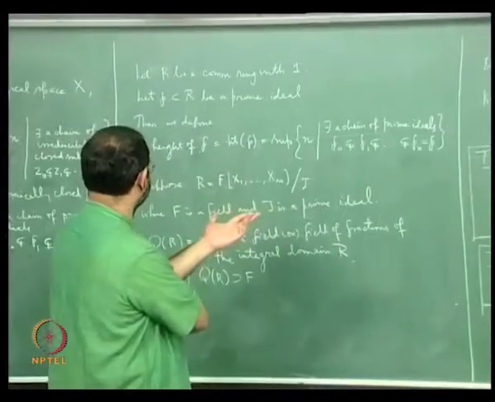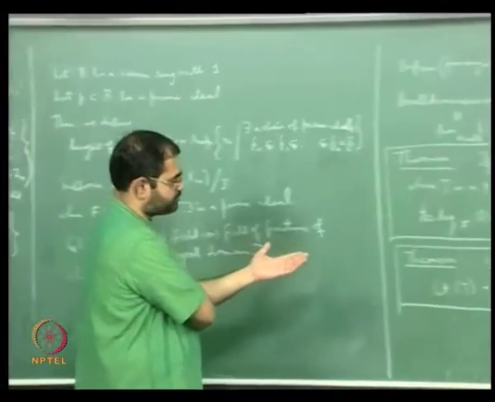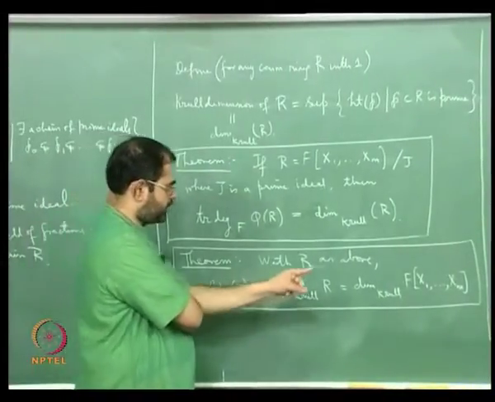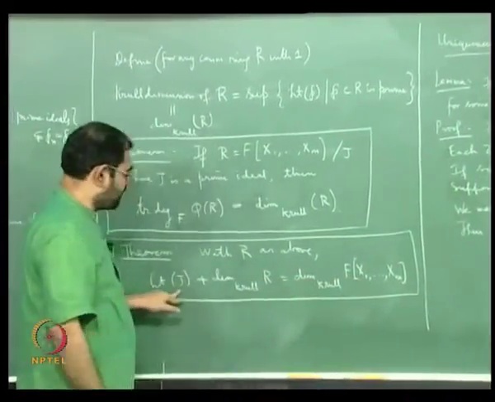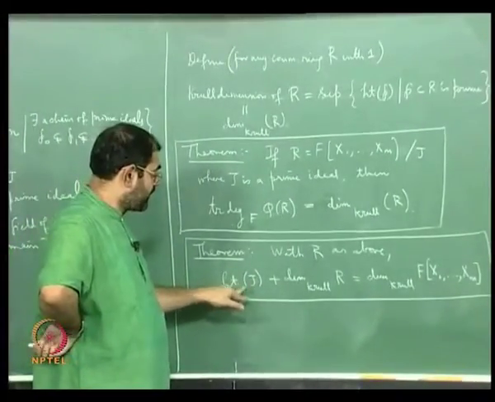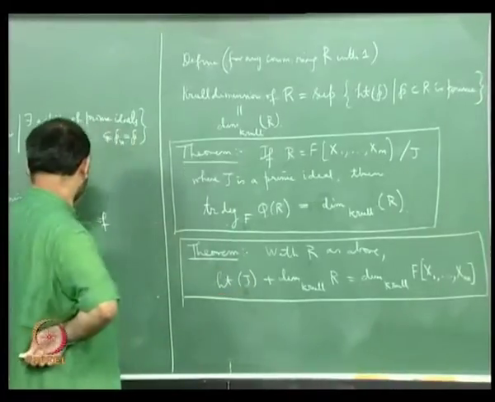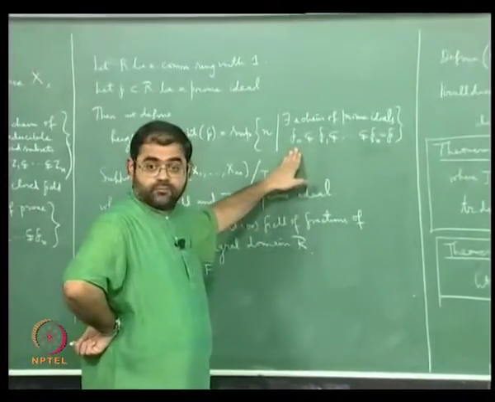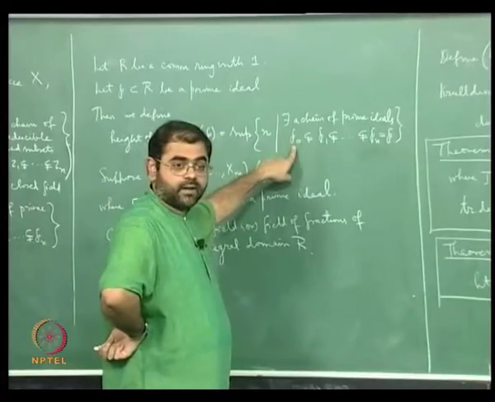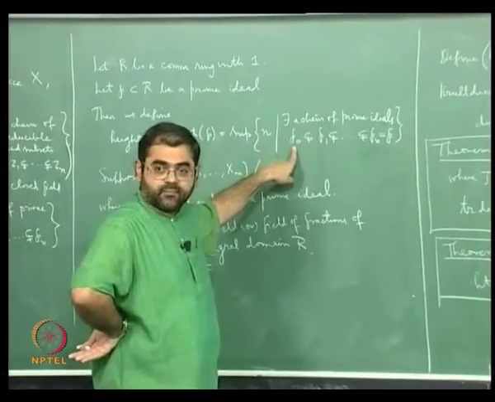So what I want to basically say is that if you are looking at J equal to 0, and you look at the height of the 0 prime ideal, then the height of the 0 prime ideal is just 0, okay, because I can start with 0 and that's it, I cannot make it any larger.